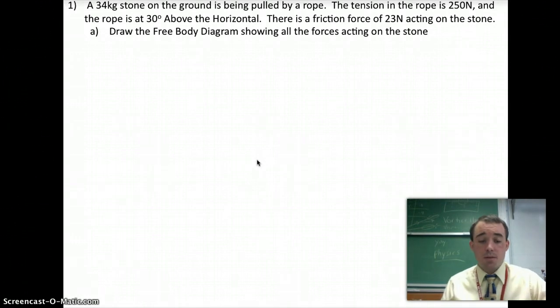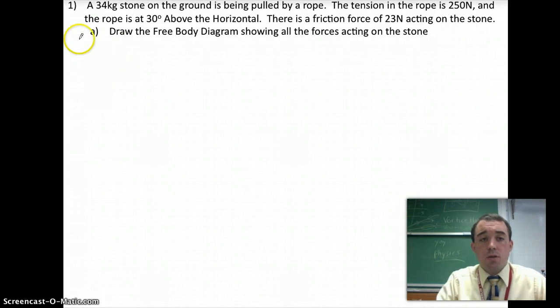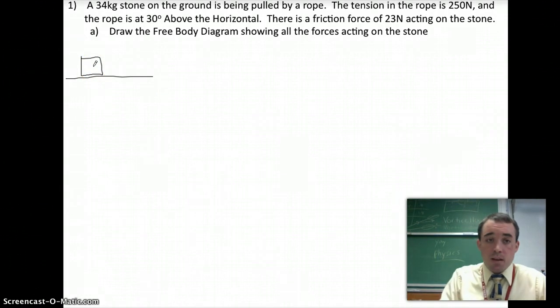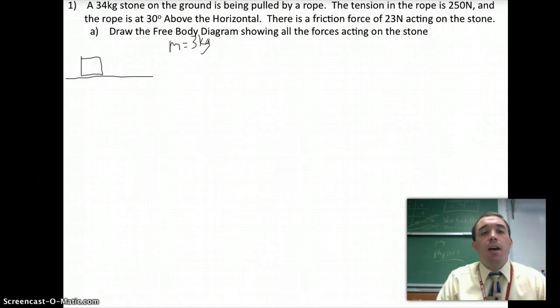To do that, I'm going to start by drawing the scenario. I want to understand what's happening. So I have my rock sitting on the ground. It has 34 kilograms, but I want to figure out how much weight that is. I need to multiply mass by 9.8 to get the weight.